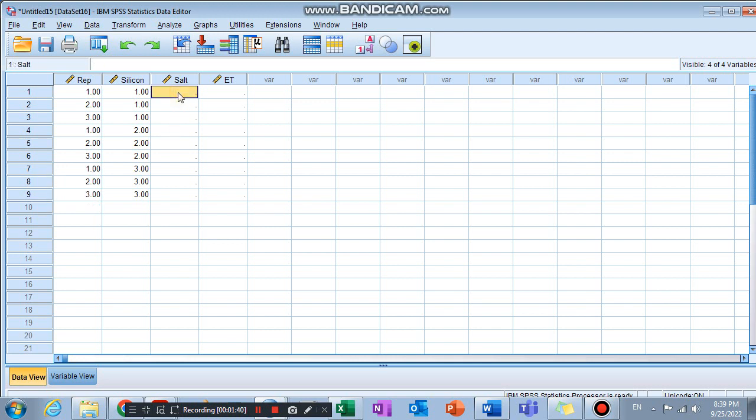Then salt, we have 4 levels of salt in our experiment. We have to make sure that each salt level is in each silicon level.